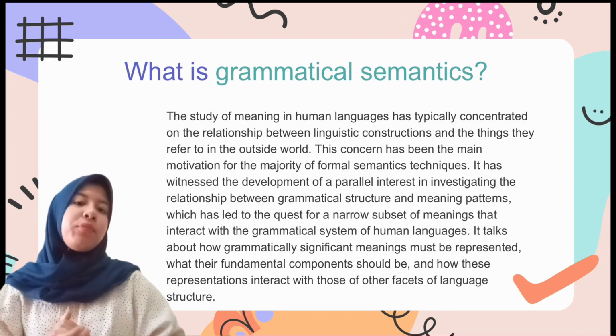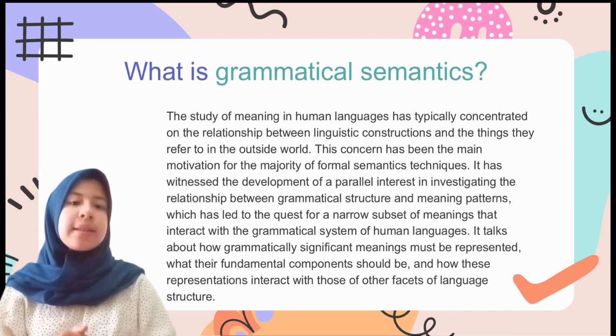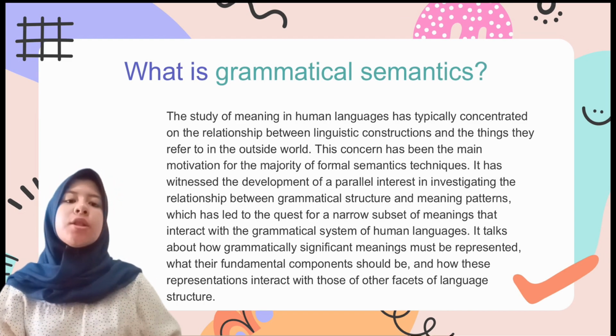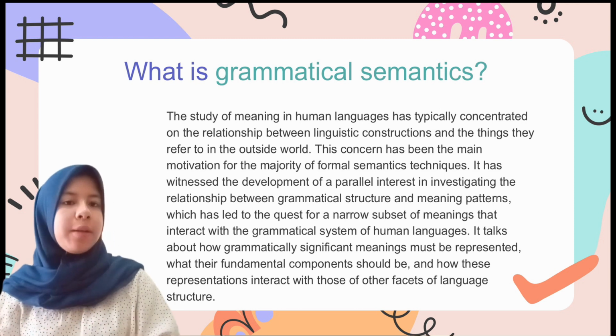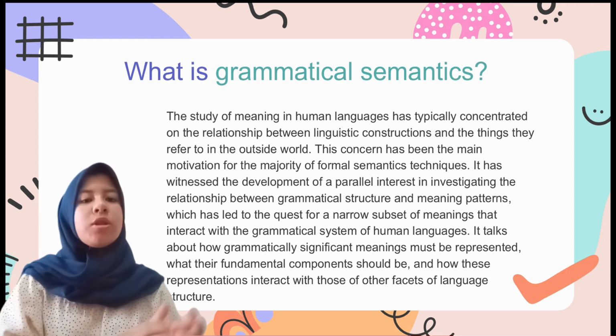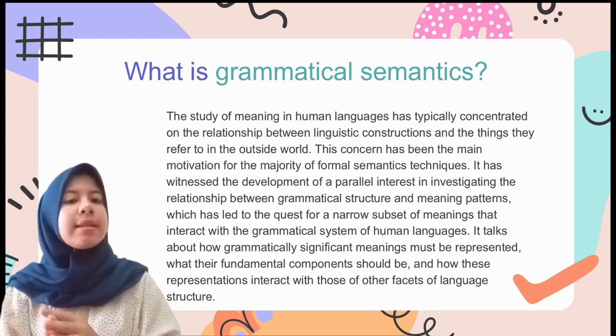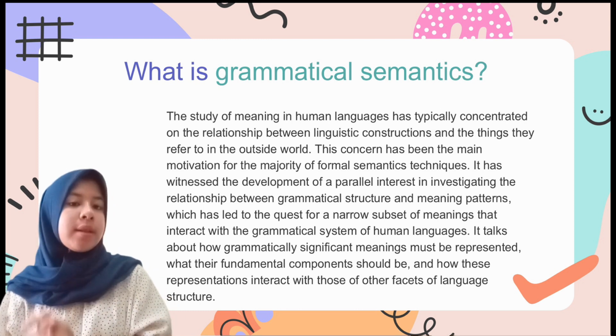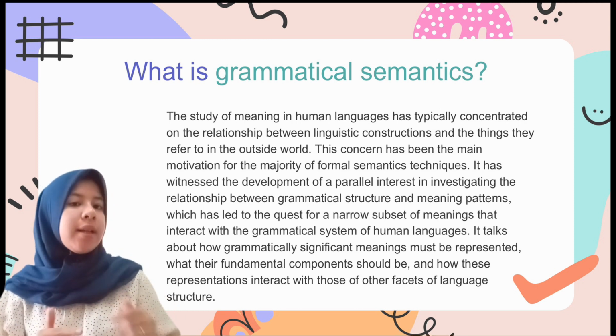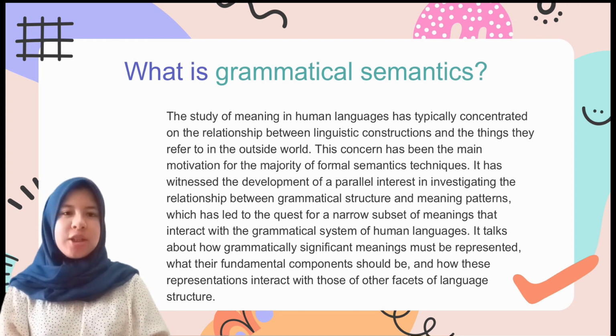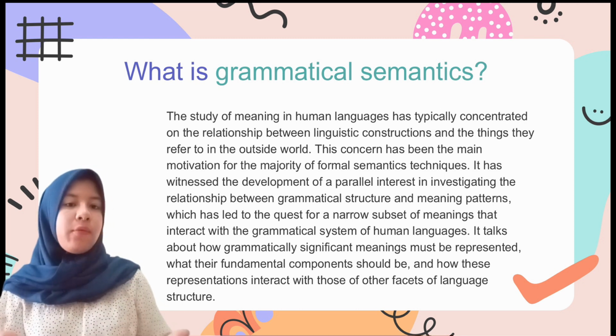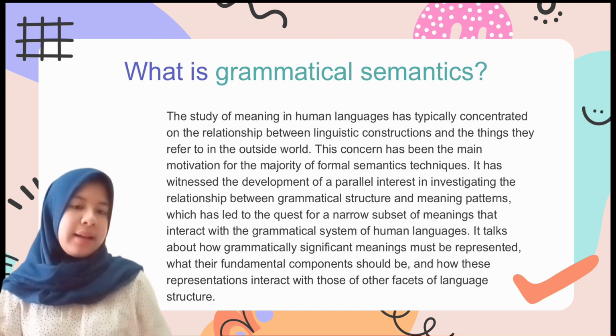The study of meaning in human languages has typically concentrated on the relationship between linguistic constructions and the things they refer to in the outside world. This concern has been the main motivation for the majority of formal semantics techniques.